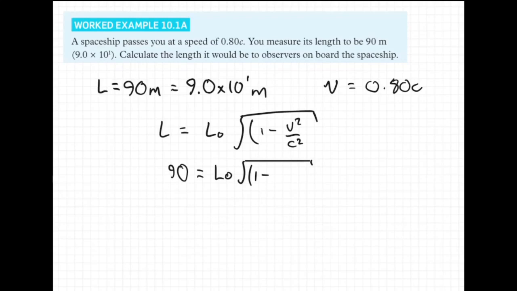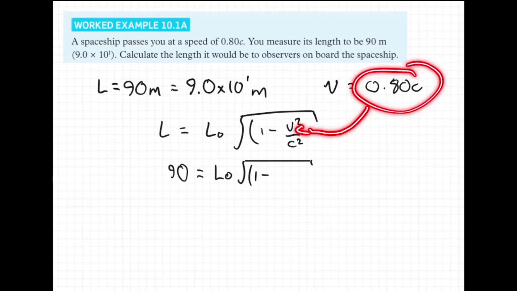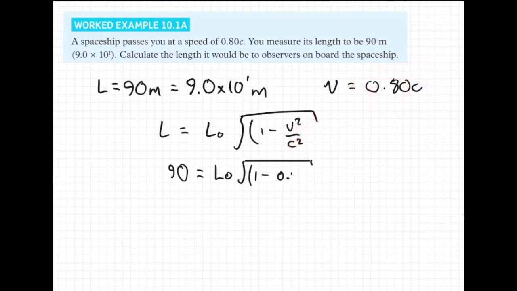When we sub this in to here, the c becomes c squared and it will cancel top and bottom, so we're just left with 0.8 squared. Is everyone okay with that maths, or do you want me to lay that out? Happy to lay it out if you'd like to see it.